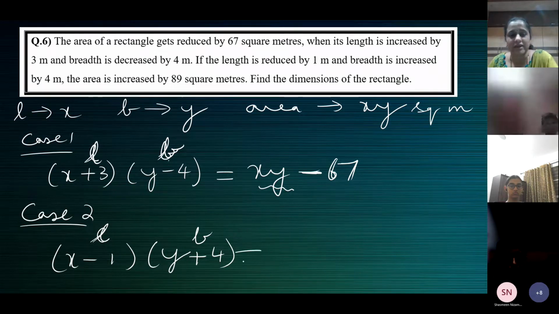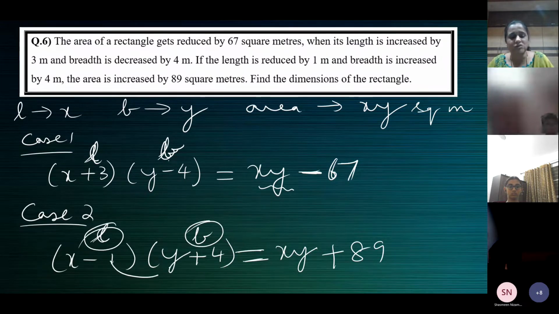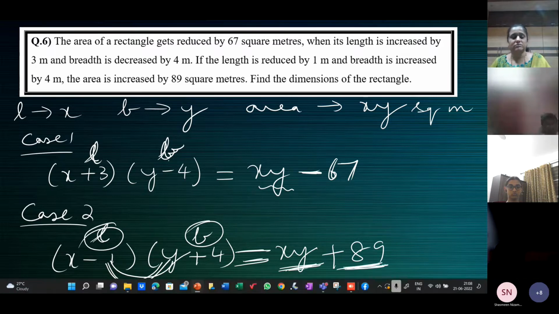The area is increased by 89 meters square. So this is the original area that is increased by 89 meters square. Why are we writing equal to? Because this is the new length and this is the new breadth. What is L into B? Area. So new length into new breadth is equal to the new area. And what is the new area? The original area plus 89, because the area is increased by 89 meters square.